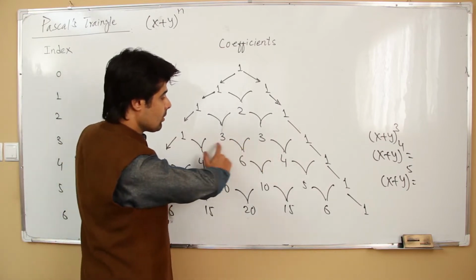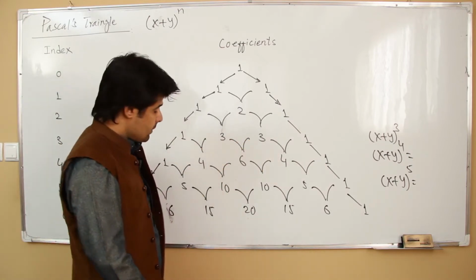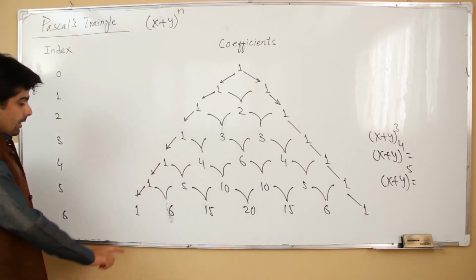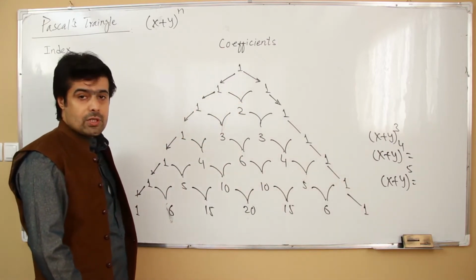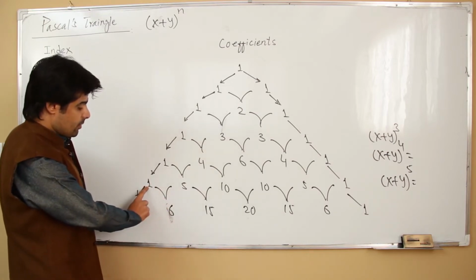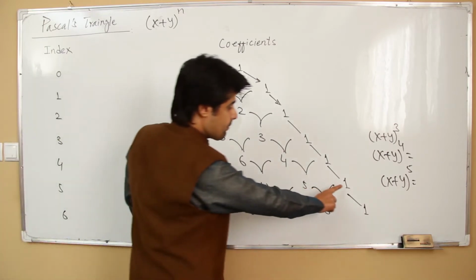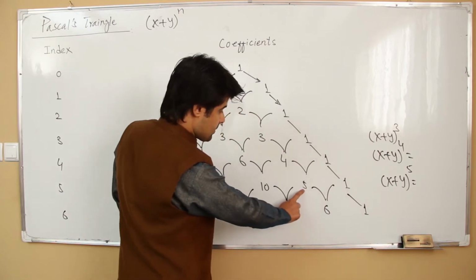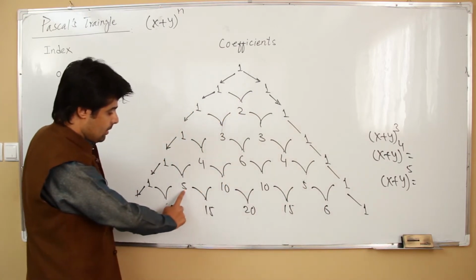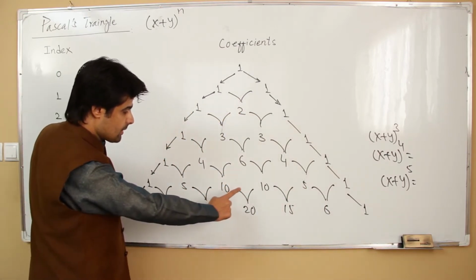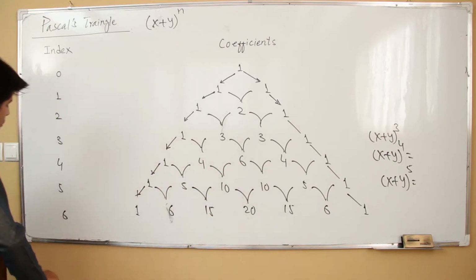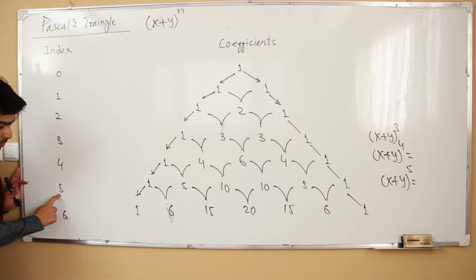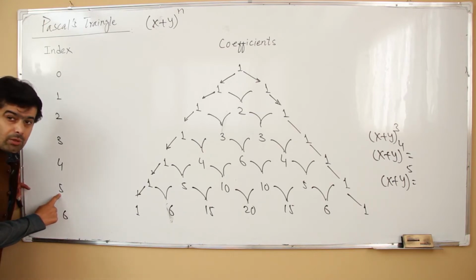of the preceding row. For example, if you want to find x plus y raised to the power 5, now what the coefficients are? Except for the first and except for the last, the other terms like 5, 10, 10, and this 5. These are the summation of the preceding row. Now, what is the preceding row for x plus y raised to the power 5?